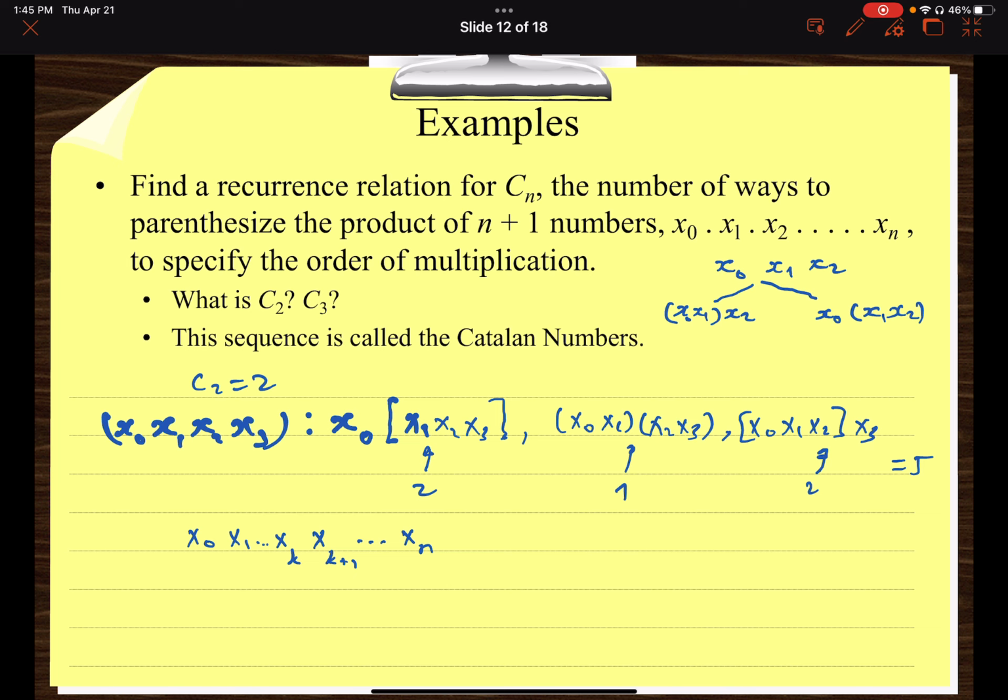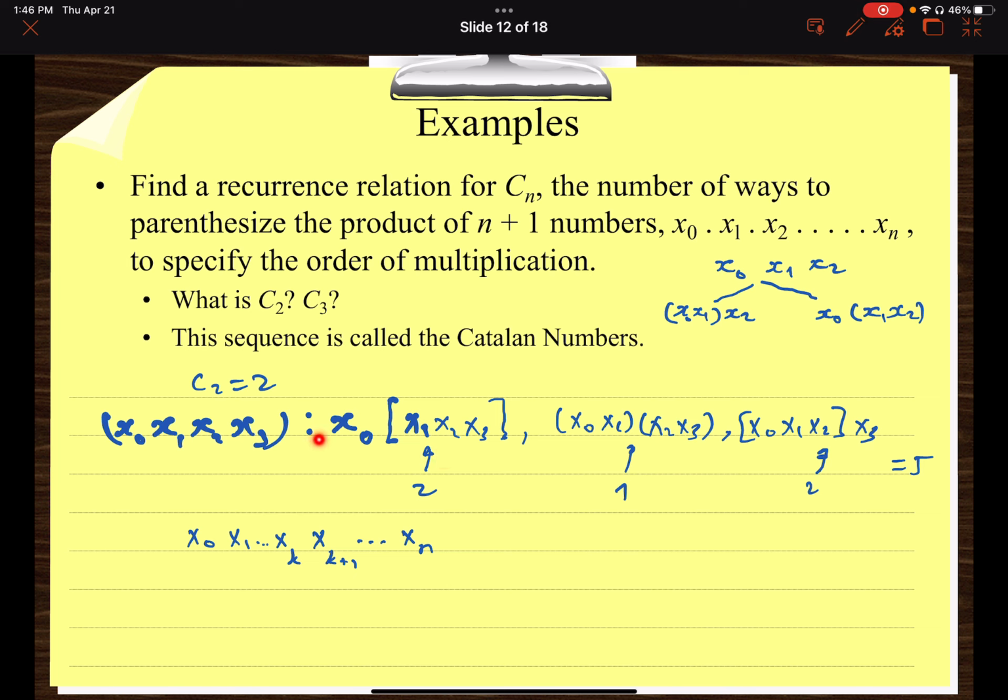Now, if I just consider the last multiplication, where is the last multiplication here? This one. Where is it here? It's this one. So the number of ways to do parenthesization is nothing but the number of ways to parenthesize on the left of the last multiplication and to the right of it.